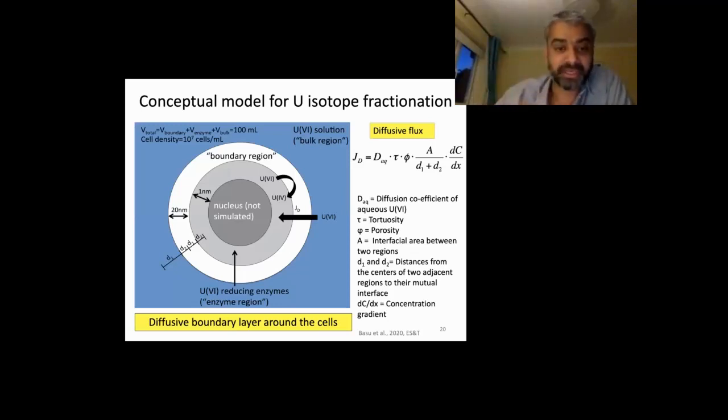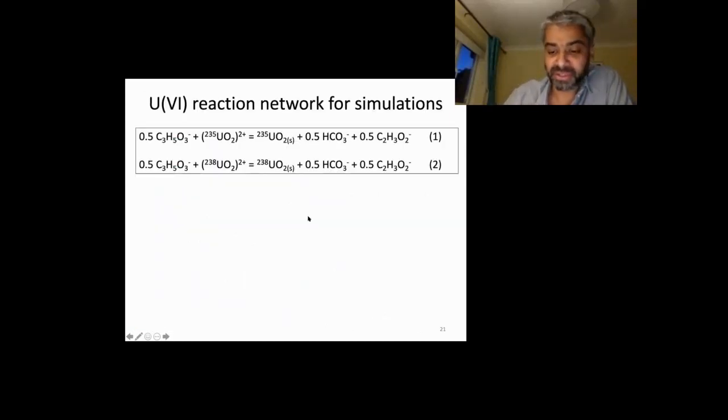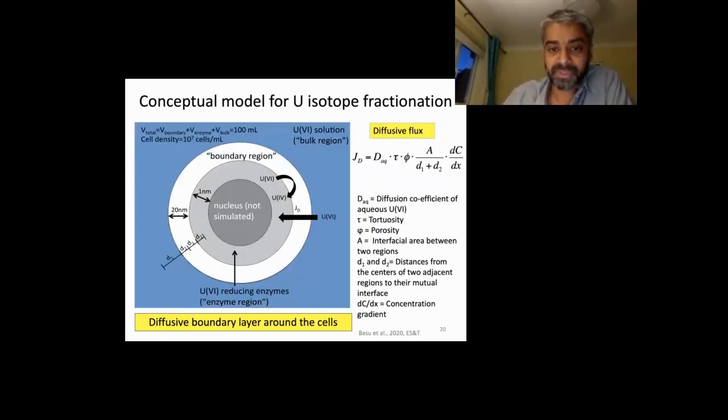We are looking at this cell, not at the inside of the cell, and we're assuming there is a boundary layer around the cell. This white region is the boundary layer. This blue region is the bulk fluid where uranium is dissolved. Uranium has to come inside through this boundary layer to be able to react with the enzymes. So that's the conceptual model.